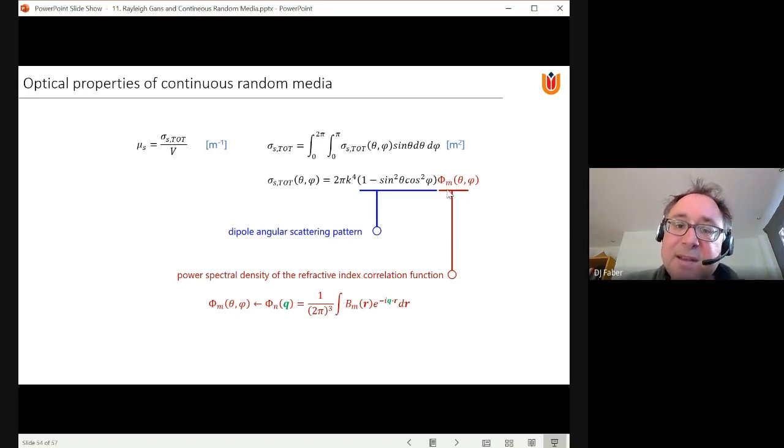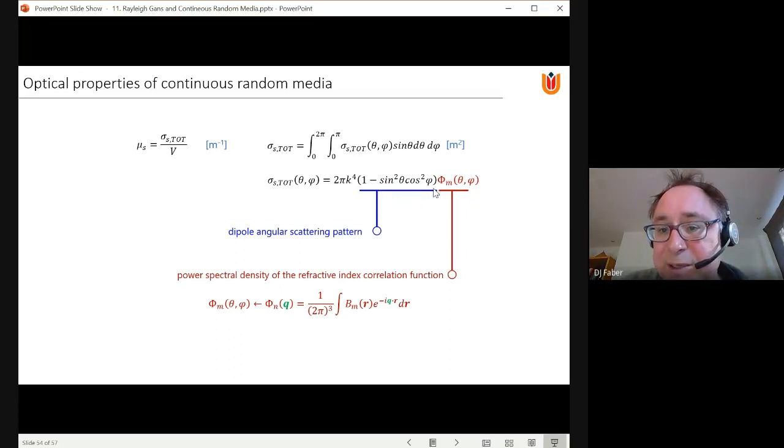What was the form factor in the Rayleigh Gans theory now becomes this power spectral density, or the Fourier transform of the refractive index correlation function. B is the correlation function of the refractive index. Taking the Fourier transform gives us this function phi of Q. Q is the scattering factor, 2k times sine half theta, and we can express that as a function of theta and phi as well.